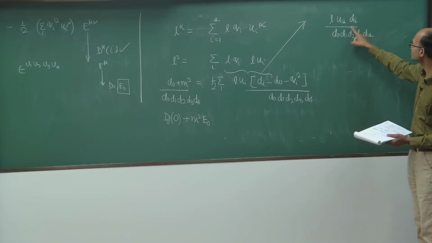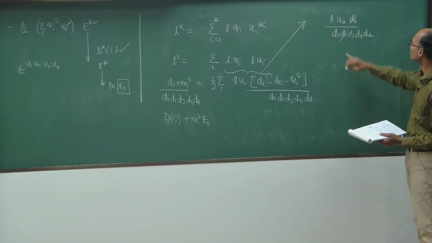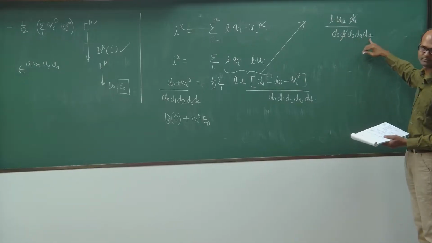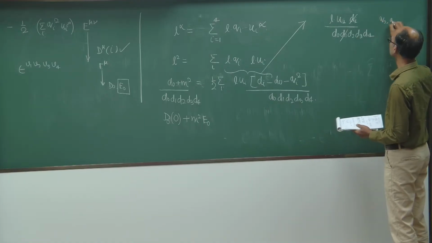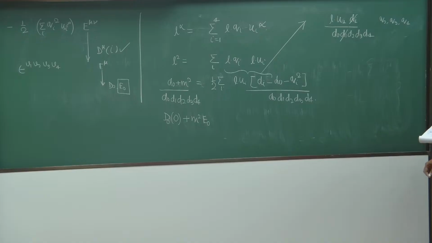Now, because of this d1, this will cancel, and what I have got is d0, d2, d3, d4. What are the momenta here? The momenta are q2, q3, and q4, right?